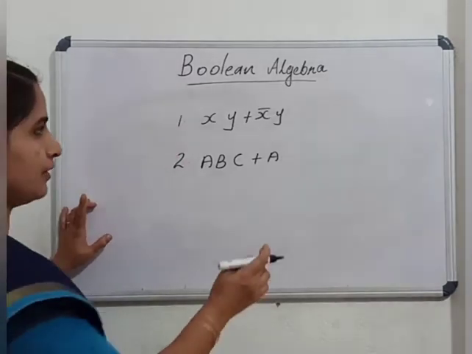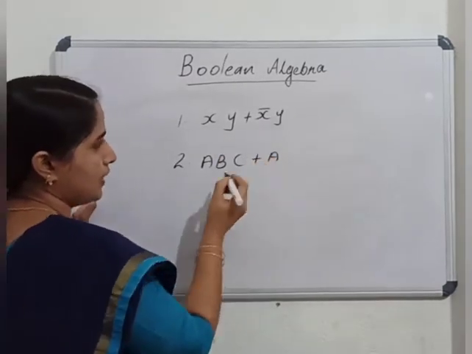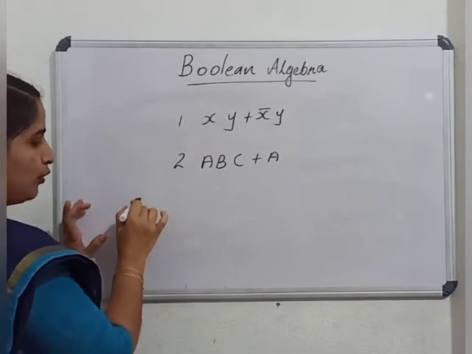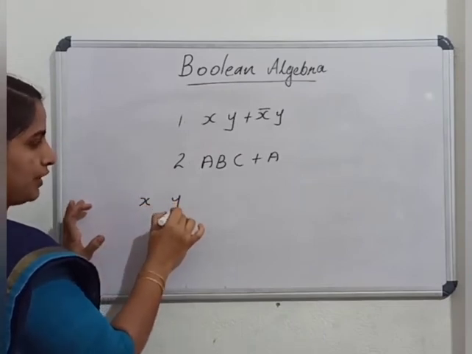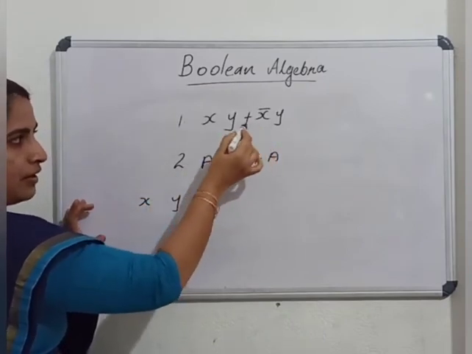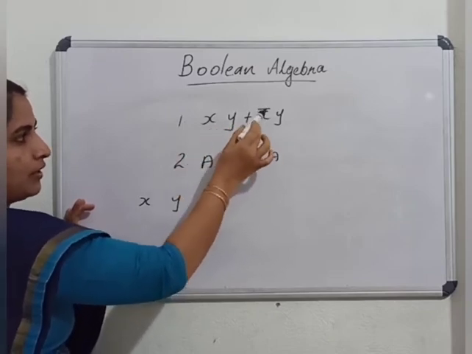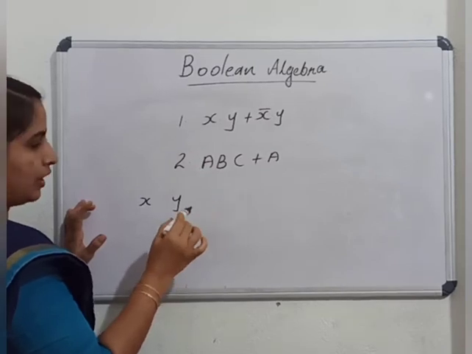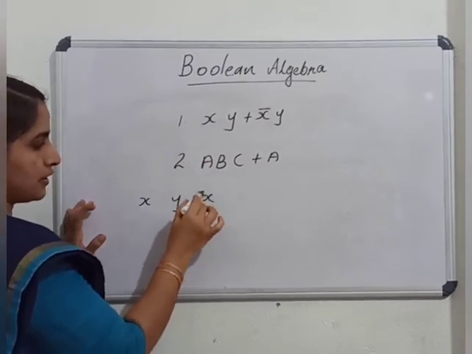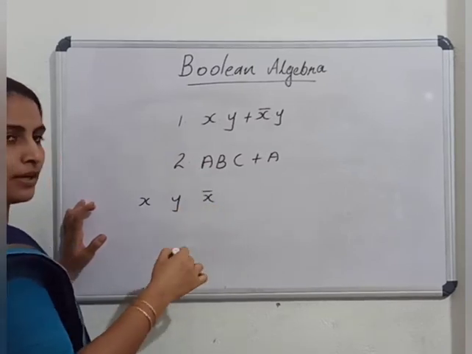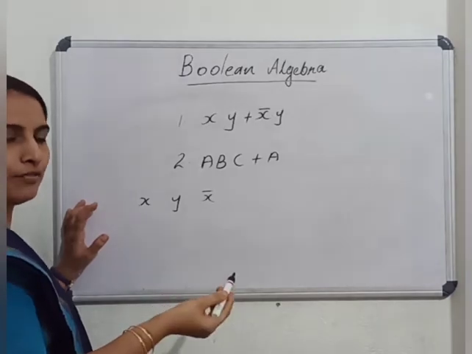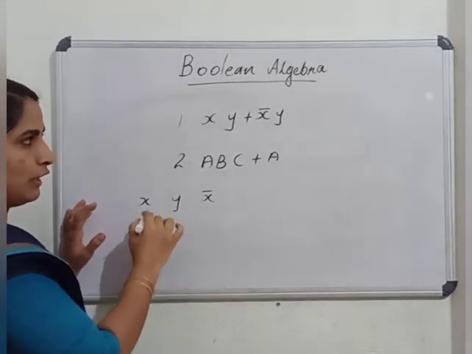Clear? So I will give some clues. How many columns are needed for the first one? One column for x, one column for y. These are the two independent variables. And how many gates are there? Here an AND gate, here an AND gate, here an OR gate, then a NOT gate too. So x bar is there, so one column for x bar. X bar is always the complement, or the negation, of the value of x.